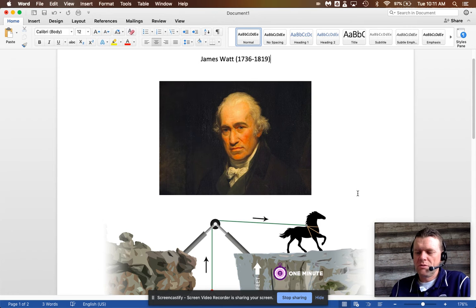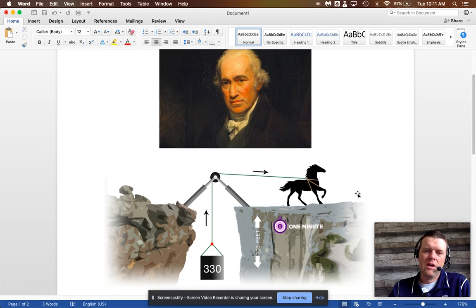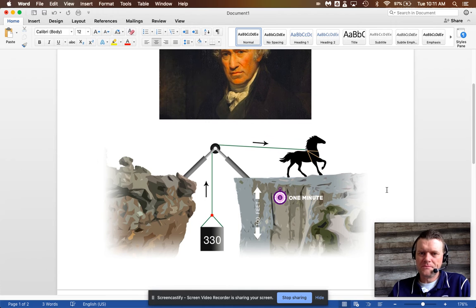And James was trying to convince people to buy his machines, and he had to come up with a way of measuring their output. And so what he did is he compared it to a horse. And as you can see here, he took an average horse and he measured the distance that a horse would have to walk horizontally while pulling a mass up a mine shaft.